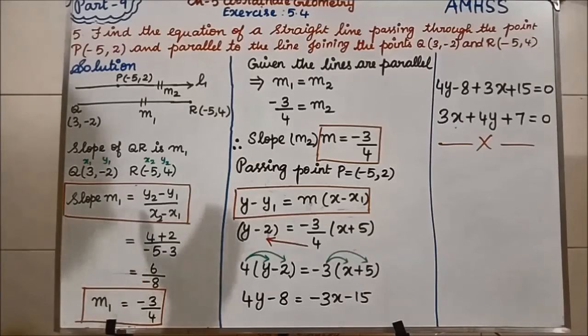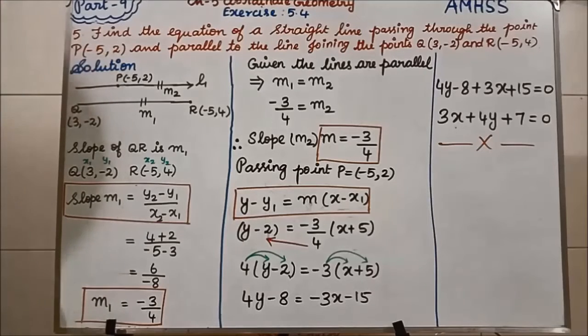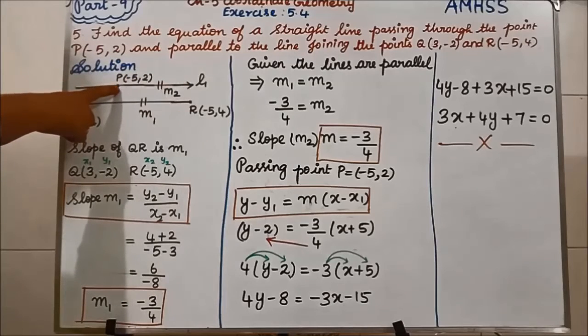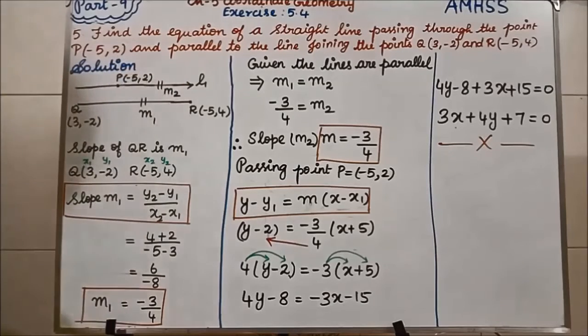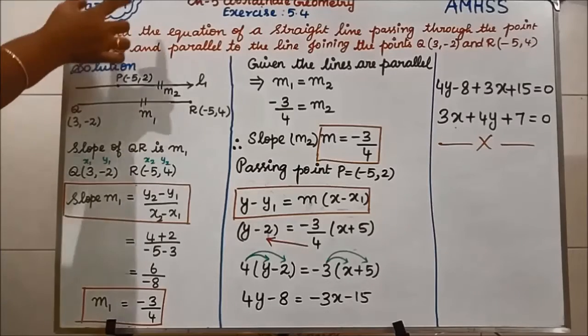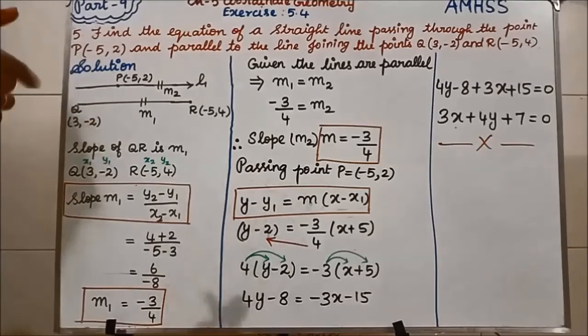We are given a line passing through the point P(-5, 2). Okay, one point they have given. See, this is the line, and in that I have drawn the point P(-5, 2). And this is parallel to the line joining the points Q(3, -2) and R(-5, 4).